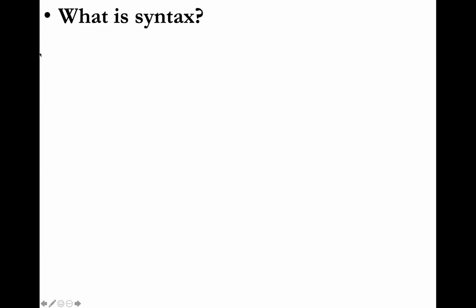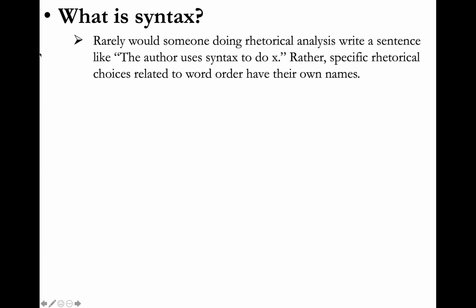So, continuing here, it's important to think about it this way. It's pretty rare that someone doing rhetorical analysis would write a sentence like, the author uses syntax to do X. People don't really use syntax like that. People don't just say syntax like they might a rhetorical device. The author uses a metaphor in order to blank.